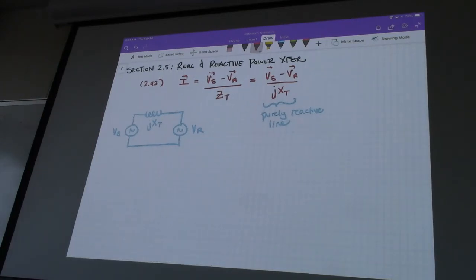So the power, we have two things. We have our SS and we have our SR. And so SR or SS is equal to the sending. This is just some notation stuff.